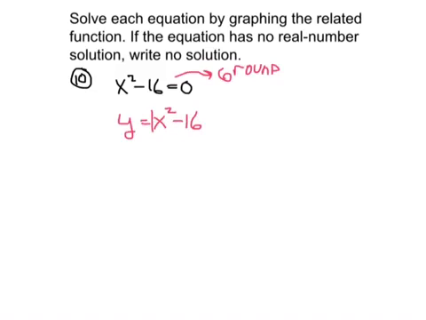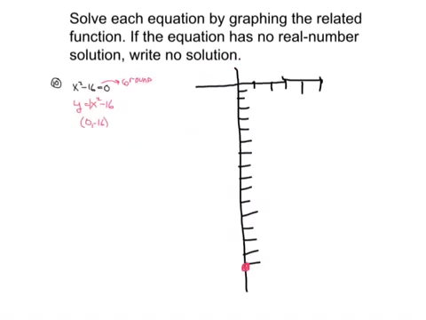minus 16. Since there's no middle bx term, this problem is easier, so we could just simply graph the y-intercept at negative 16. The vertex has to go through 0, negative 16. So our vertex is at 0, negative 16, and then we will be going from there.